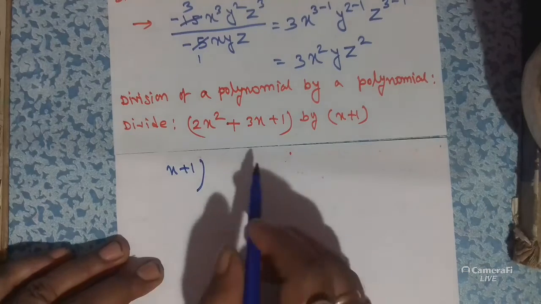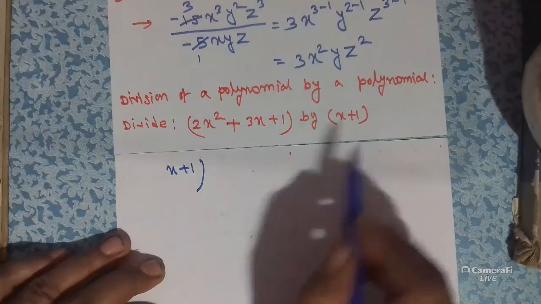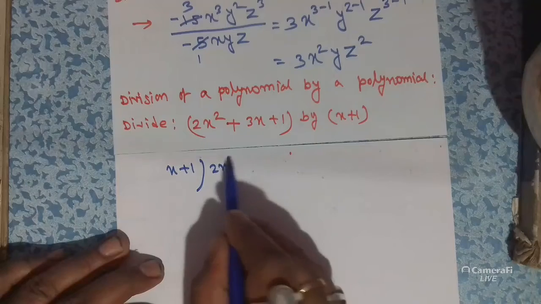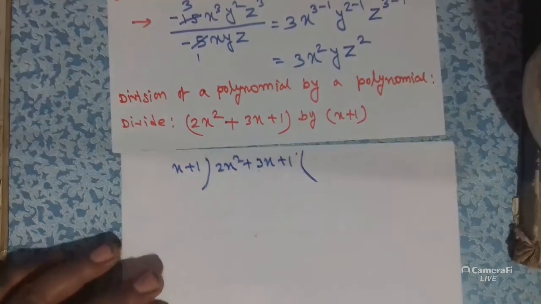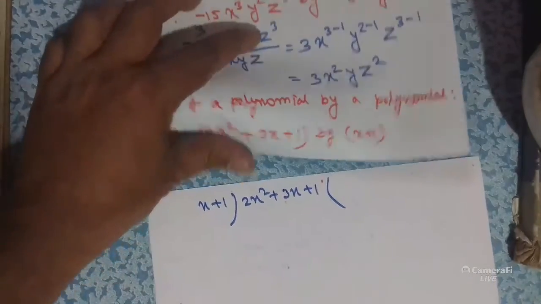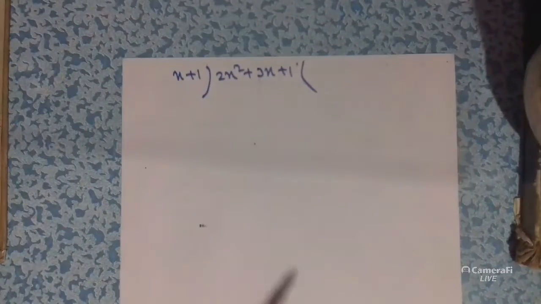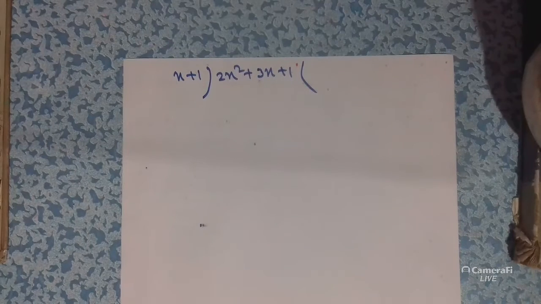We have to write x plus 1 as divisor and 2x square plus 3x plus 1 as dividend. So here dividend is 2x square plus 3x plus 1 and divisor is x plus 1.